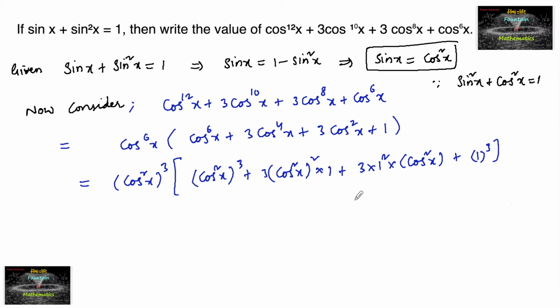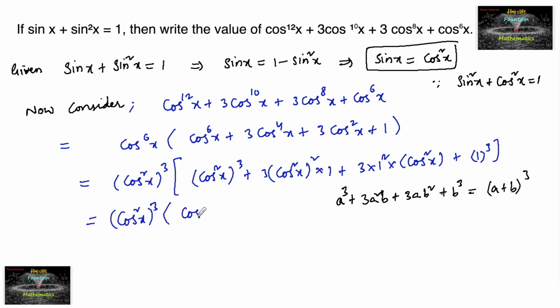So I am expressing it in the form of a cube plus 3a square b plus 3ab square plus b cube, which is equal to a plus b whole cube. So we can write here cos square x whole cube into cos square x plus 1 whole cube, or we can write cos square x of cos square x plus 1 whole cube.